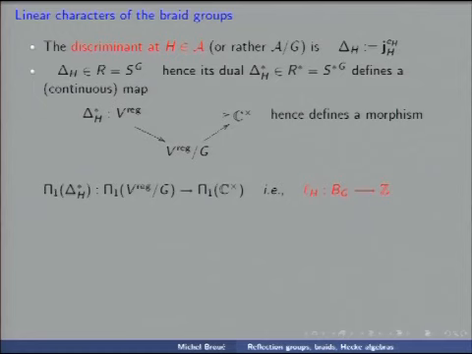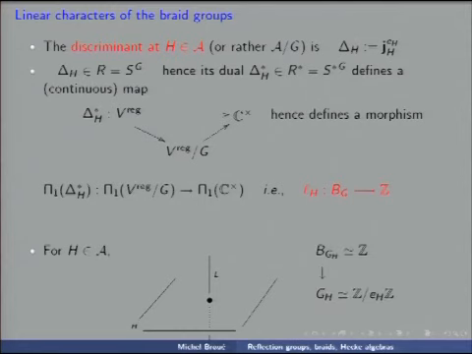And this is, of course, a linear character of the braid group. In other words, for H in the set of reflecting hyperplanes, I'm working, so this is the picture, recalling what H and L are.